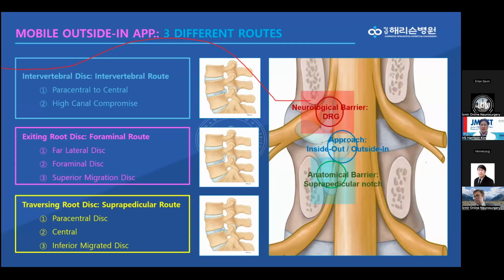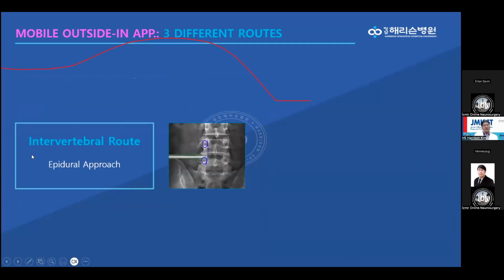I already mentioned that exposing the suprapedicular notch is a success point of this pedicle route approach, and resecting this area can make sufficient space to operate to the target point. Then it becomes possible to approach in this way.